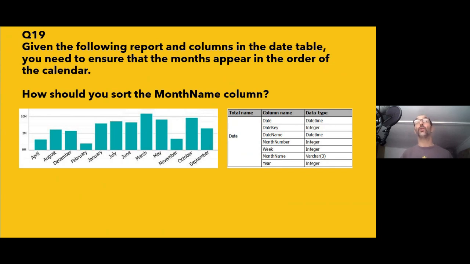How should you sort the month name column, month name being April, August, December, etc.? Do we sort that month name column by month number, ascending, descending, or by date key? And of course, all of those columns are in the table on the right hand side.